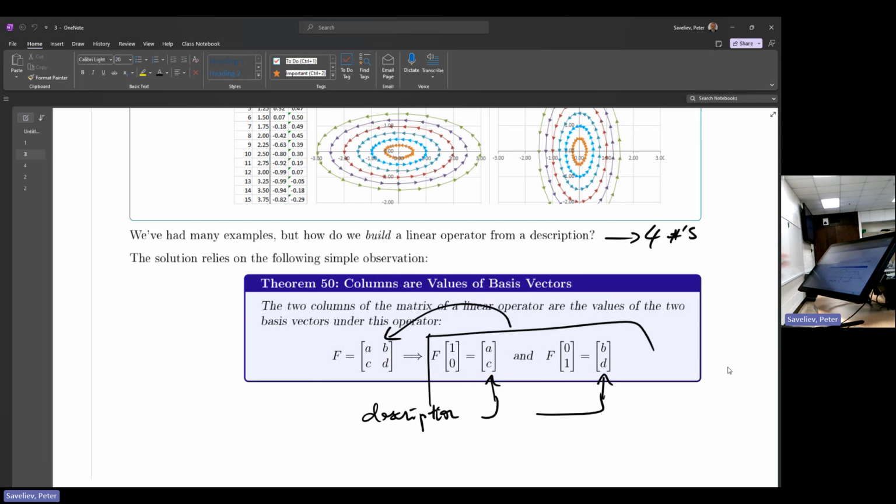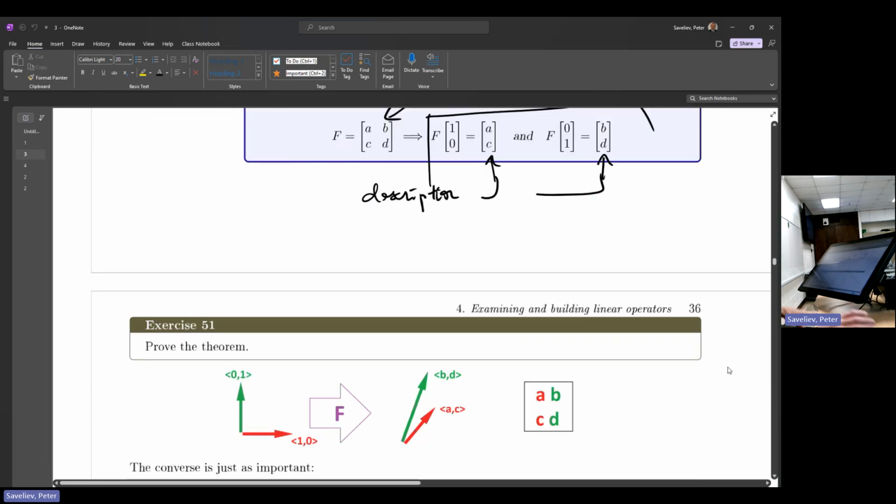Once again, what this on the right shows is that wherever (1, 0) goes, that's the first column of your matrix, and wherever (0, 1) goes, that's the second column of your matrix, like this. Okay, so that's the illustration.